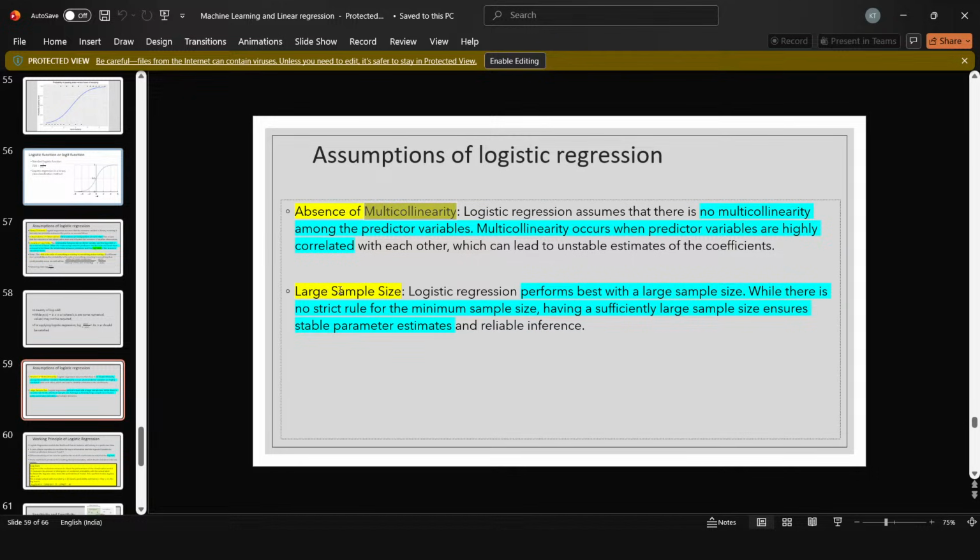Multicollinearity must not be there. That is our enemy. And the sample size must be large. Logistic regression performs best when the sample size is large. There is no strict rule for the minimum sample size, but it should be sufficiently large. Only if you have such a large sample size will the inference that you get be reliable.